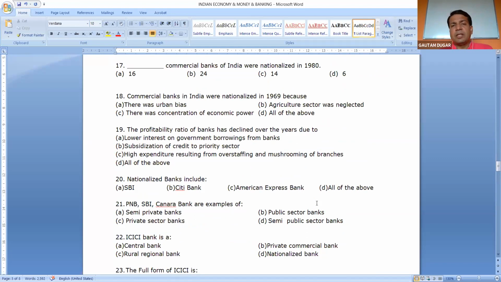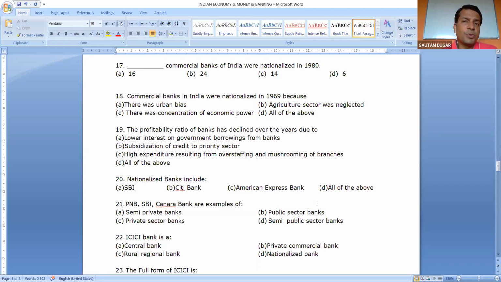Why were the banks nationalized? Before that period, government found that the commercial banks were opening up branches only in the urban areas because in the urban areas it was more profitable, and as a result, the agriculture sector was most neglected by the commercial banks, and there was a concentration of economic power.